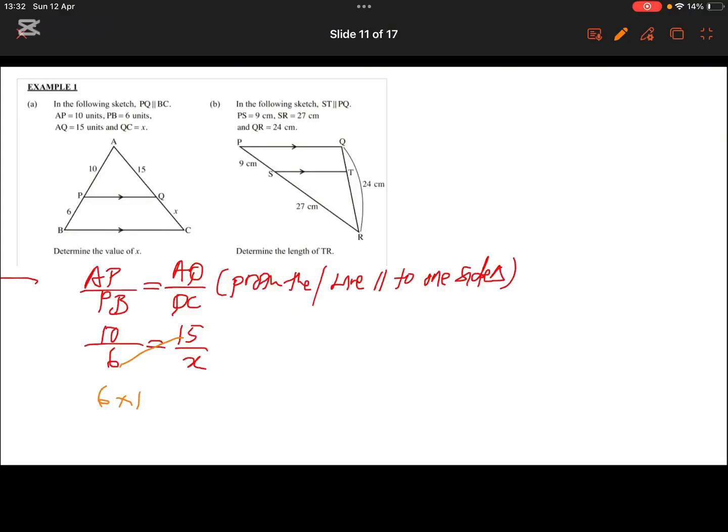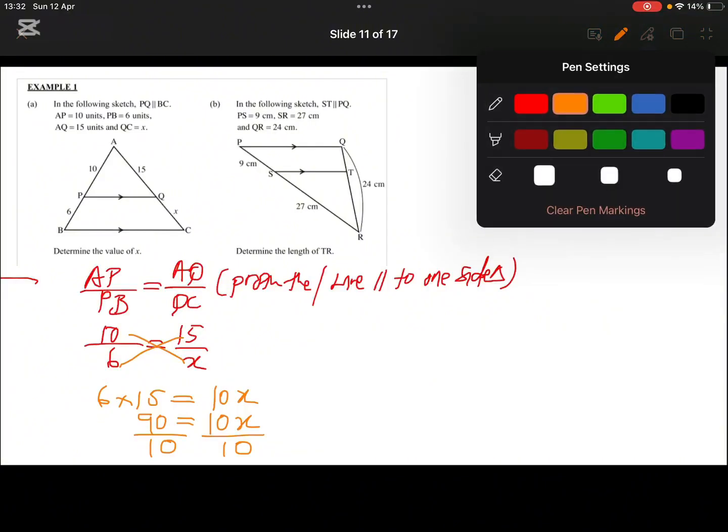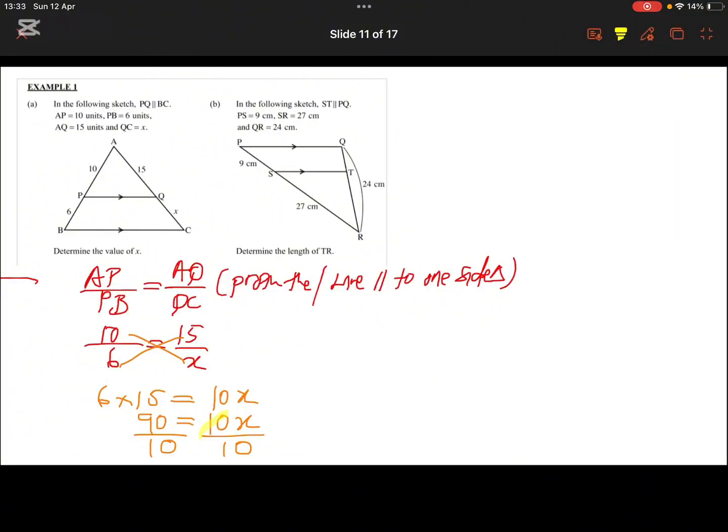Multiply that by that. Then you'll have 6 multiplied by 15, which is equal to 10 multiplied by X. 10 multiplied by X will give you 10X. And 15 multiplied by 6 will give you 90, which is equal to 10X. Because you're looking for the value of X, you can divide both sides by 10.